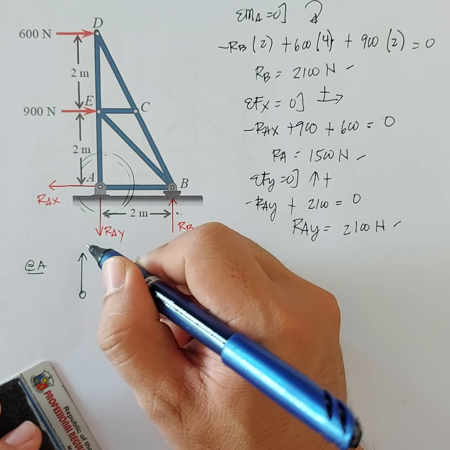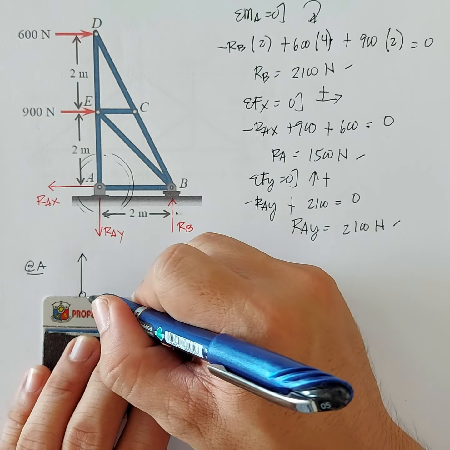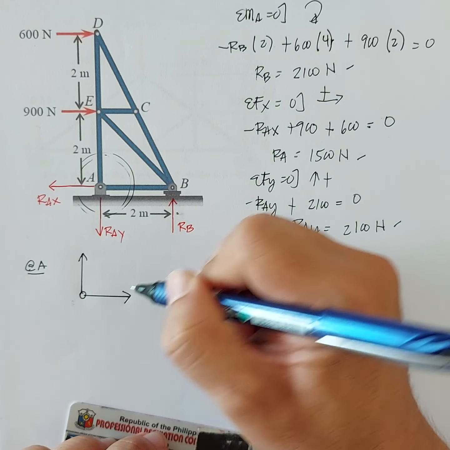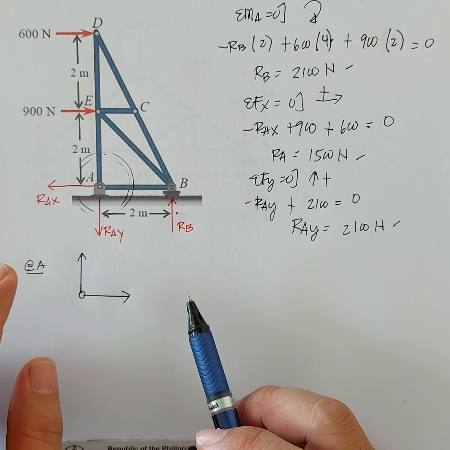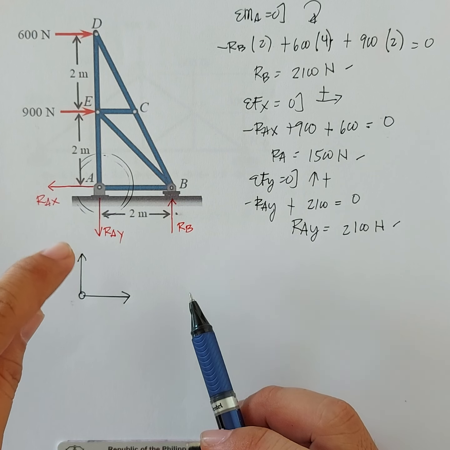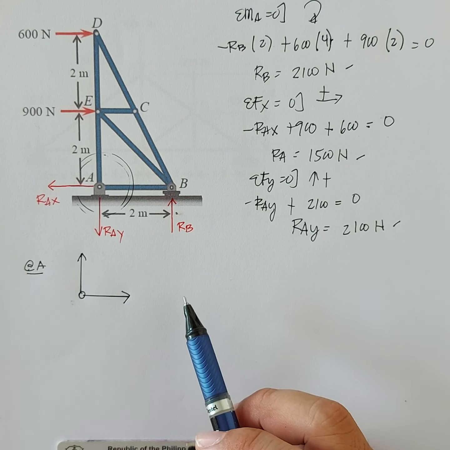Mas maganda, yung suggestion ko lang naman, or you may or may not follow my suggestion, ano. But, para hindi kayo malito, i-assume na lang natin na pag nag-analyze tayo ng truss, i-assume natin na yung bar force member ay naka-tension. Okay?